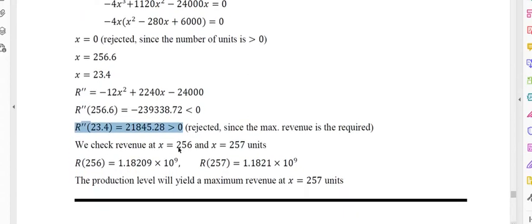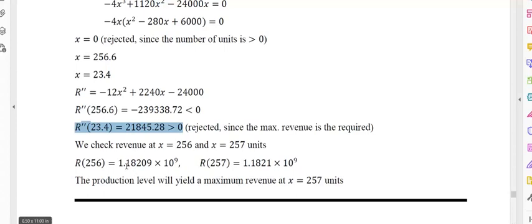and in order to get the accurate number of units, because it can't be decimal, of course, we would examine the 25.6 and the 25.7 in the revenue model and pick which would maximize the revenue.